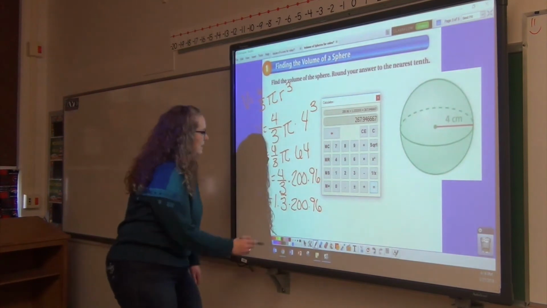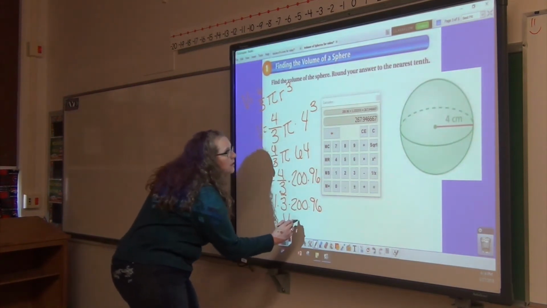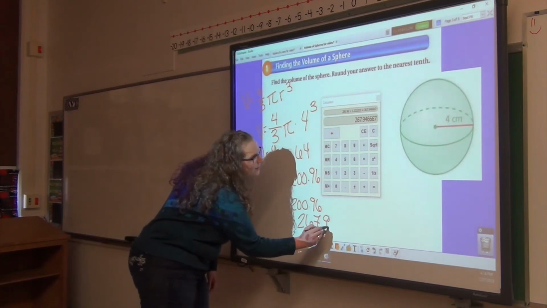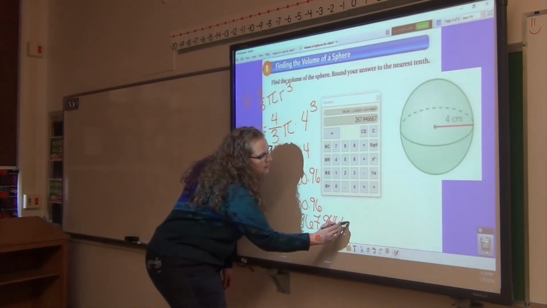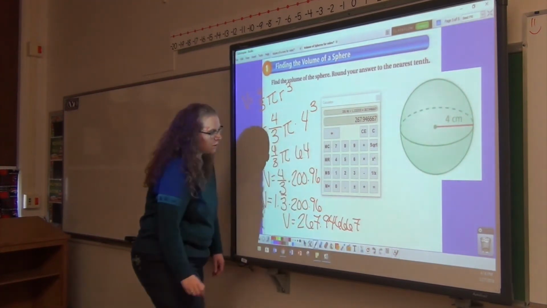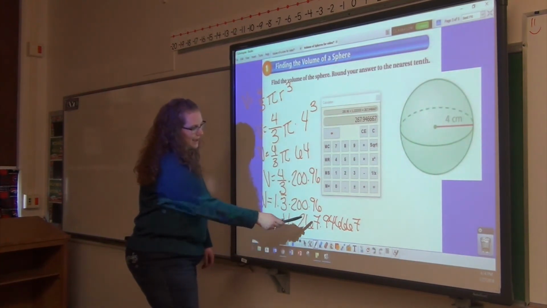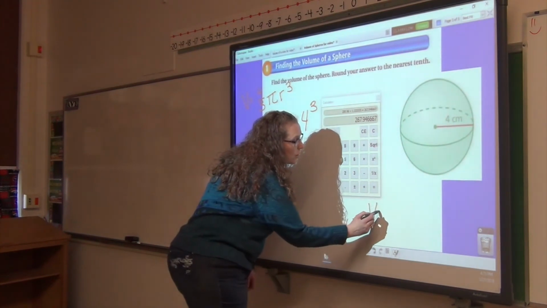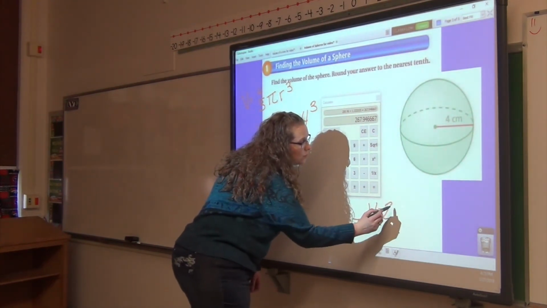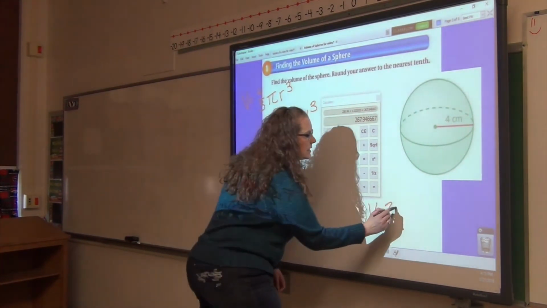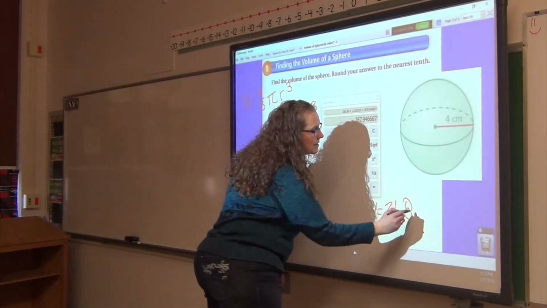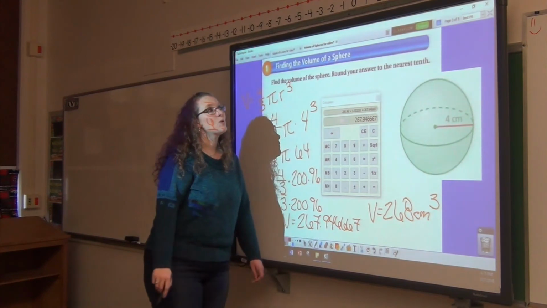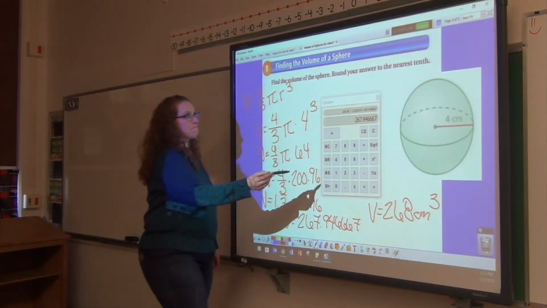All right, so that gives us our volume is 266.946667. We are going to round that as 268. So our volume is about 268 centimeters cubed. It is volume, so it is cubed.